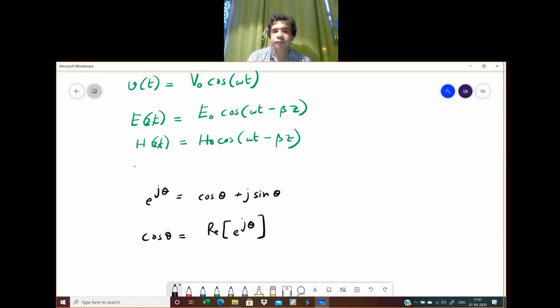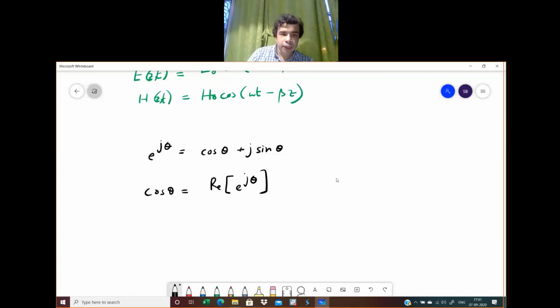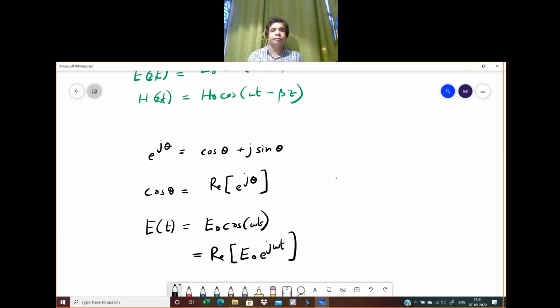Is it okay? So clearly, if my waveform is like this, E(t) equal to E0 cos omega t, we can simply also write it as the real part of E0 e to the power of j omega t. Can we write it in this way, in phasor form?